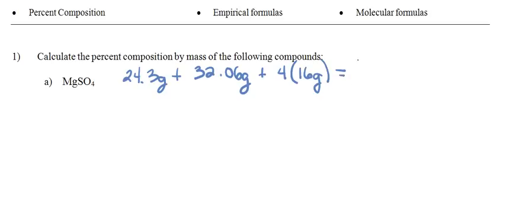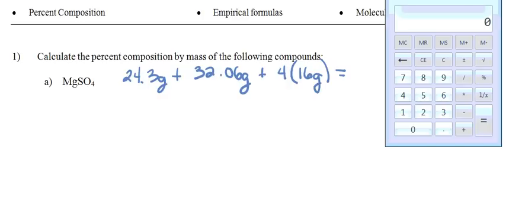Once we have all these masses, we can do a calculation to find out the molar mass of this substance. So get your handy-dandy calculator out. I'm not a big fan of the Microsoft calculator, but it'll do what we want if you're careful. So 24.3 plus 32.06 plus 4 times 16, which I know is 64, so I'll cheat on that.